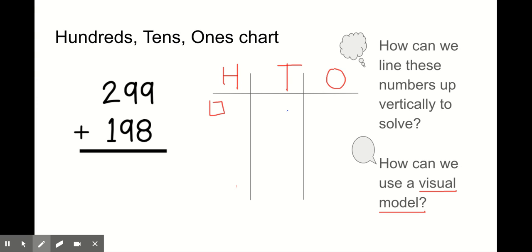We have 2 hundreds, 9 tens, and 9 ones. Then we have 100, 9 tens, and 8 ones.